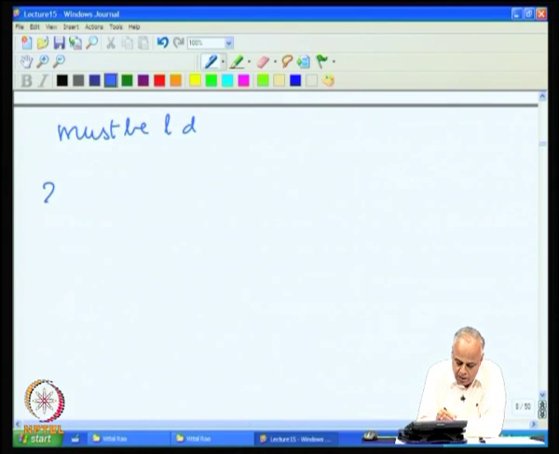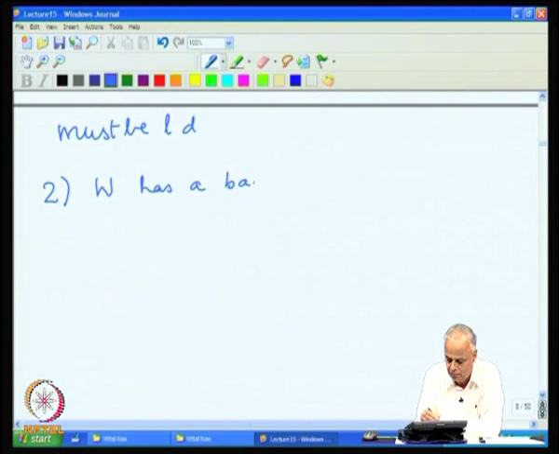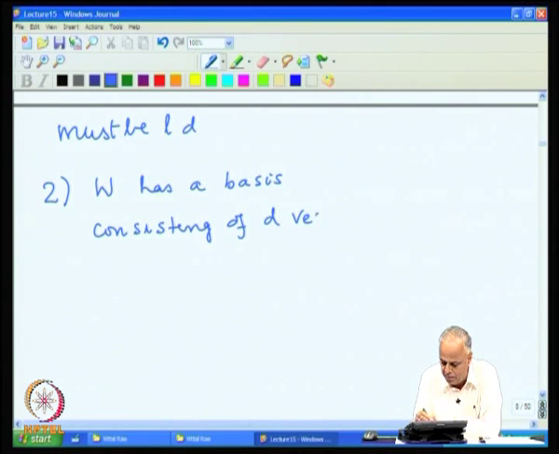Now, let us look at the next important property. Suppose W has a basis consisting of d vectors. So, W is a finite dimensional space, it has a finite basis, and suppose it has a finite basis having exactly d vectors.